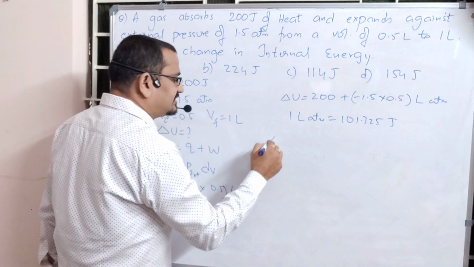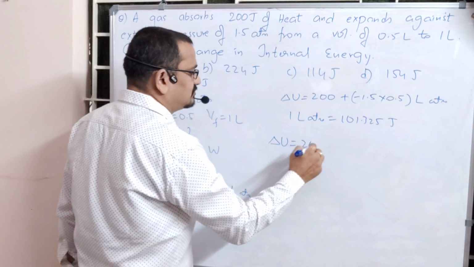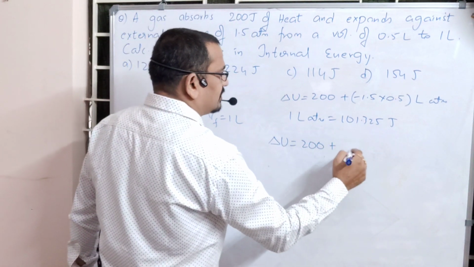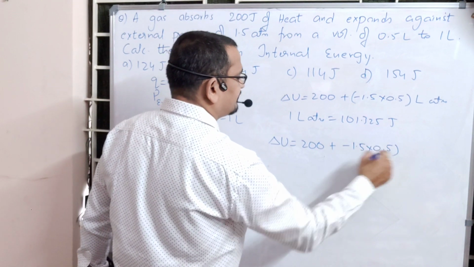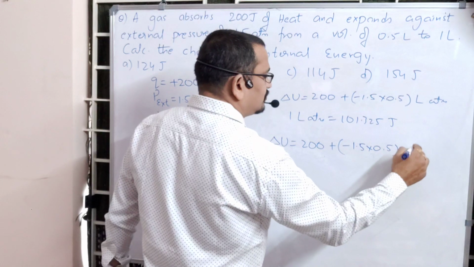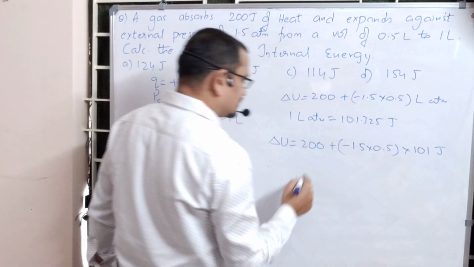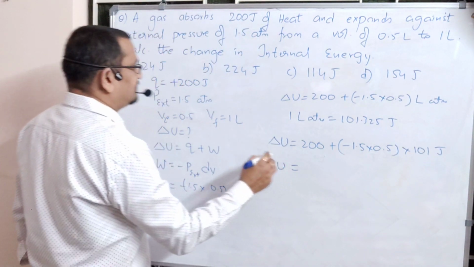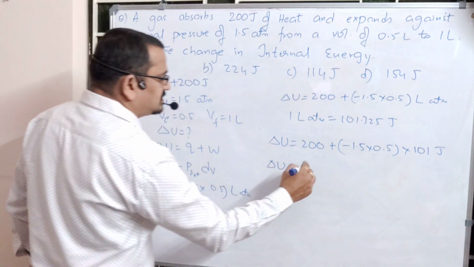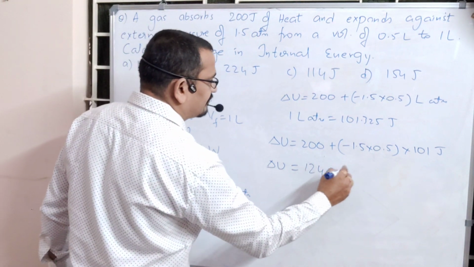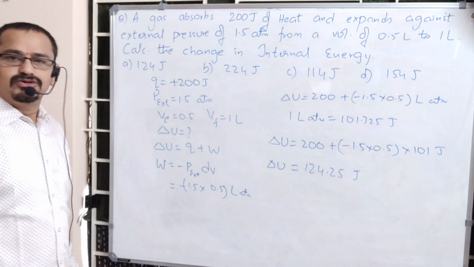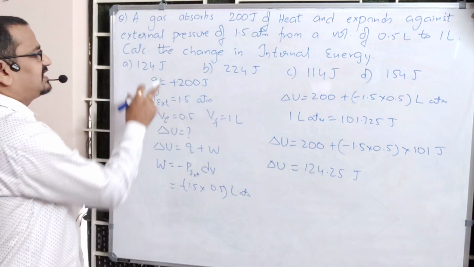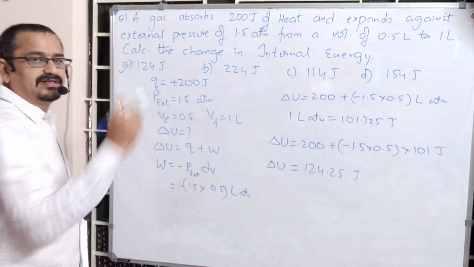By substituting that, delta U equals 200 plus minus 1.5 into 0.5 into 101 joules. On simplification, we get this value as 124.25 joules. As the nearest value is in the first option, that will be the answer.